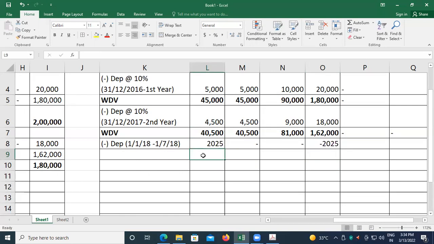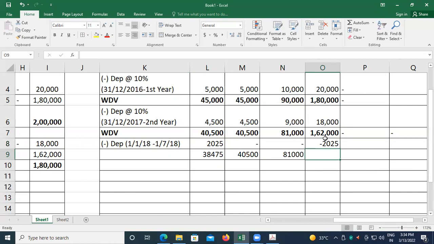It will come 38,475 rupees if you minus that. And as usual, this one is 40,500 rupees. And here it will come 81,000 rupees. Now, remember, we charged depreciation for the first asset for 6 months. Again, the value of the asset should come down by 6 months' depreciation.